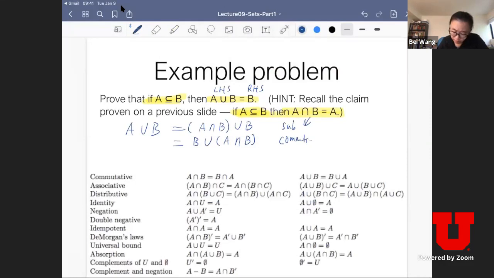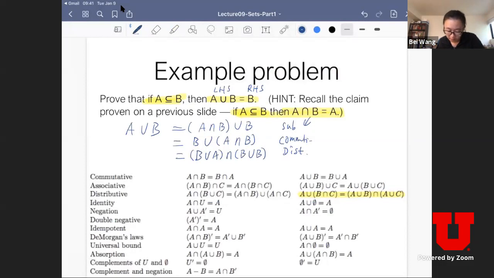And now I'm going to use the distributive rule. The distributive rule is this one, okay? This is equal to intersect B union B.